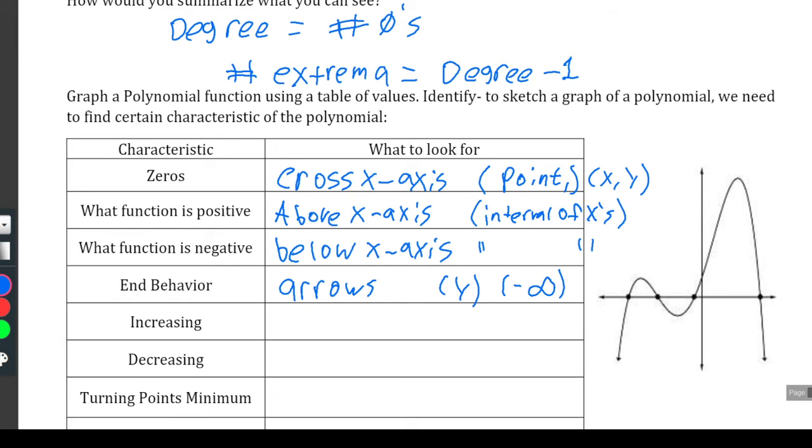When we're looking for a function that's increasing, we're looking for a positive slope. If it's decreasing, we're looking for a negative slope. And your answer is also going to look like an interval of x's.